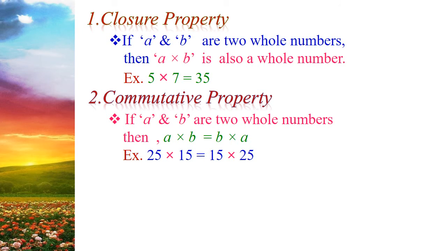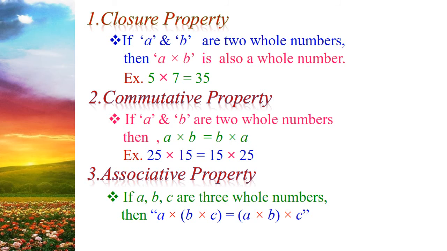Next, coming to the third property, associative property. So, if A, B, C are three whole numbers, then (A into B) into C equal to A into (B into C).